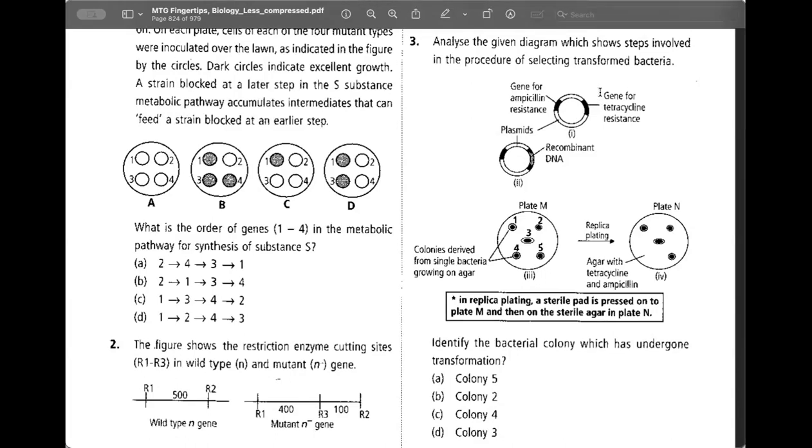You see this gene for tetracycline resistance, but when you inserted your gene to make recombinant DNA, this gene got inactivated. Again, insertional inactivation of tetracycline resistance. And when they plated it with tetracycline and ampicillin, this colony died. But remember, there is a catch here. Do you understand that this plasmid still has ampicillin resistance?